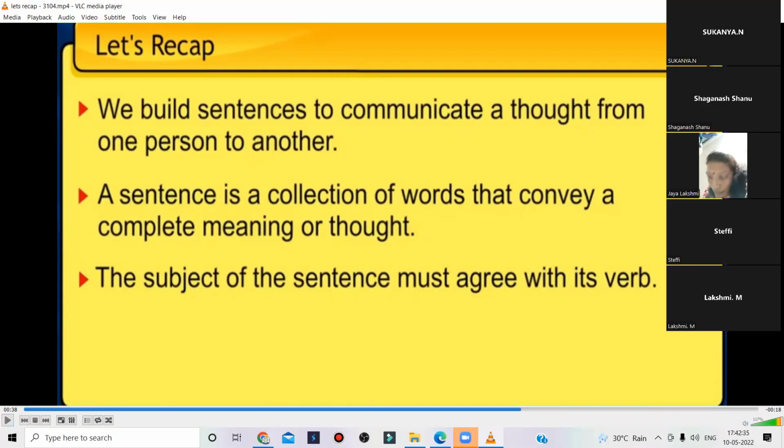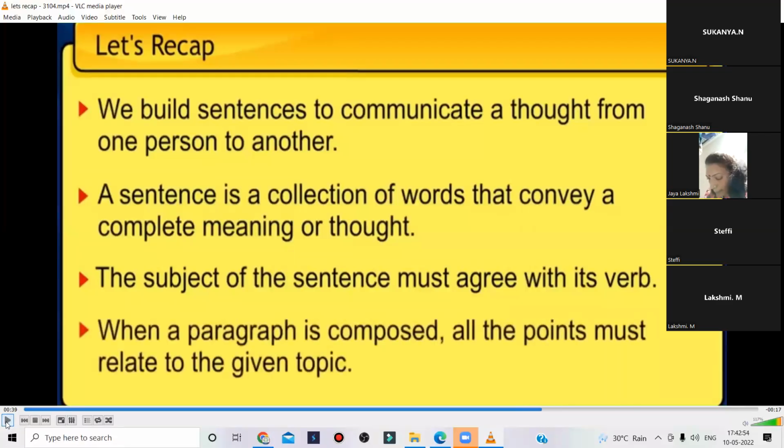So that S is suffixed with the verb only when a singular third person subject comes in the simple present tense. Okay, that also we studied in the first session. Subject-verb rules, plural, singular.